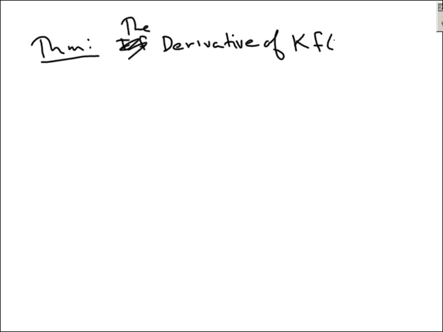It says, the derivative, if it exists, of k, a constant, times f of x is just: keep the constant and then take the derivative of the function. You don't have to worry about the constant.